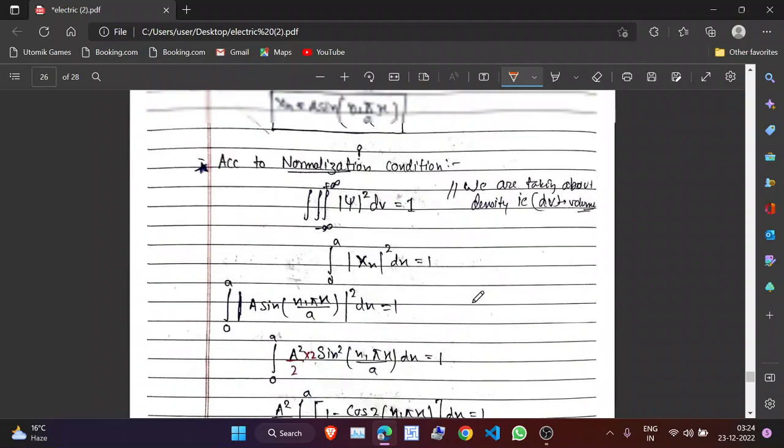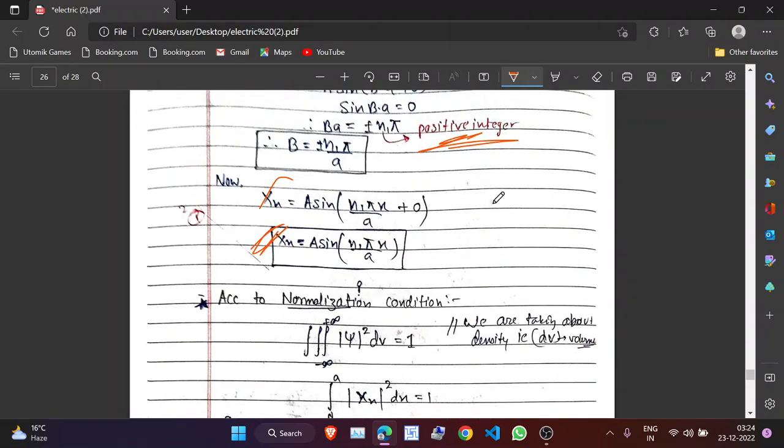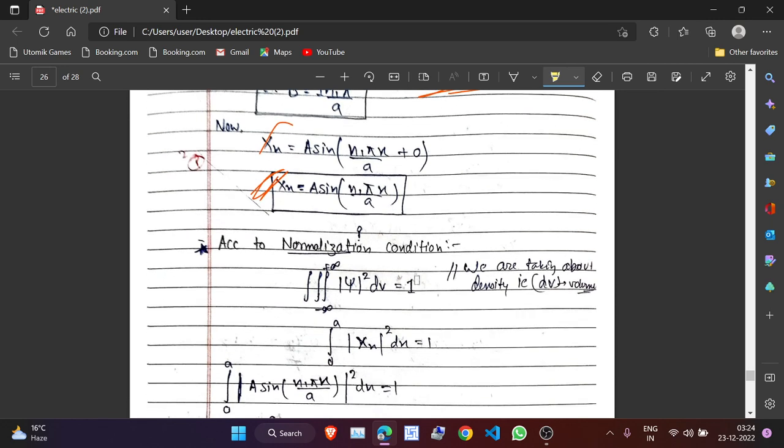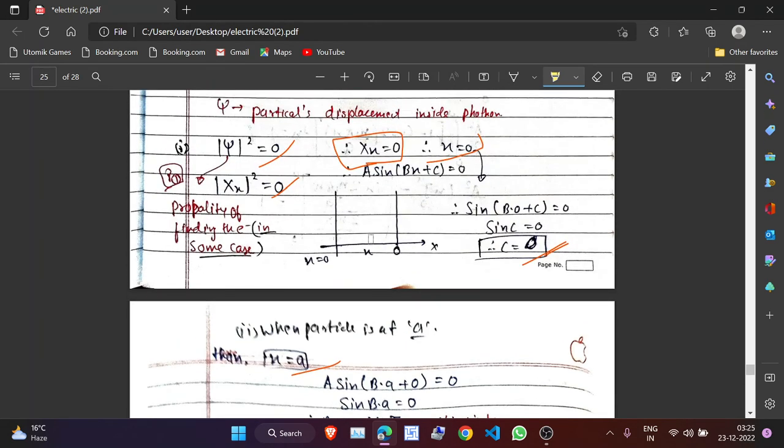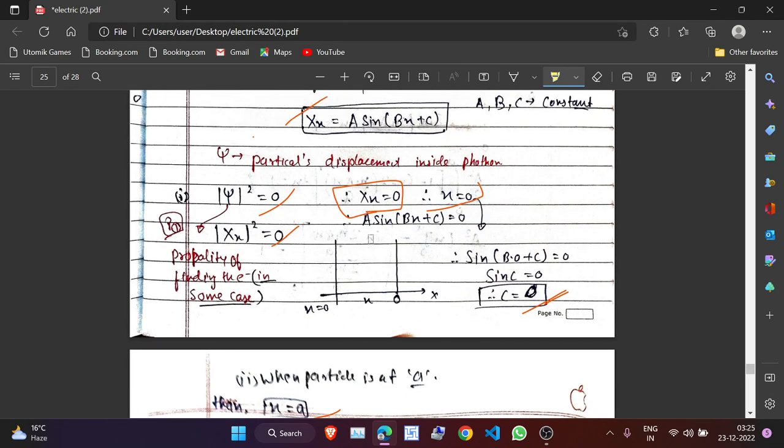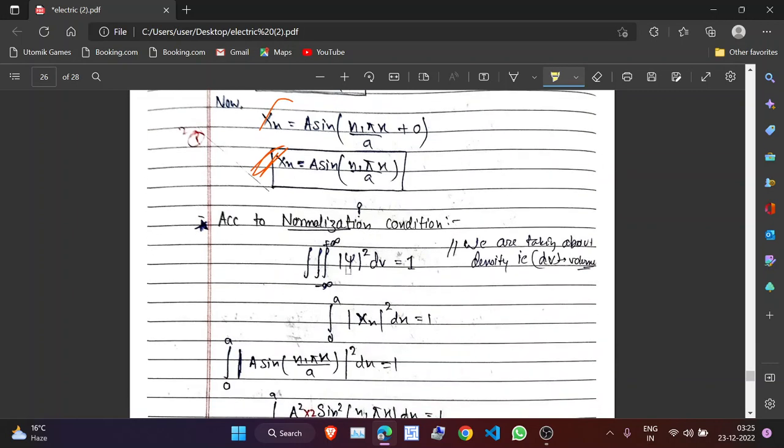Now the normalization condition. It is a condition to normalize all the equations that we have studied, and the proper representation of the probability of finding the electron is psi square. So psi square is always in mod.